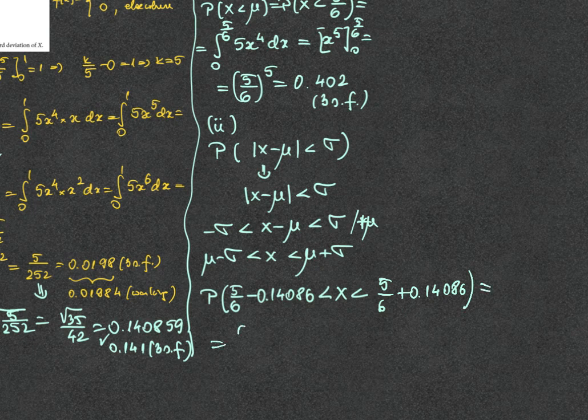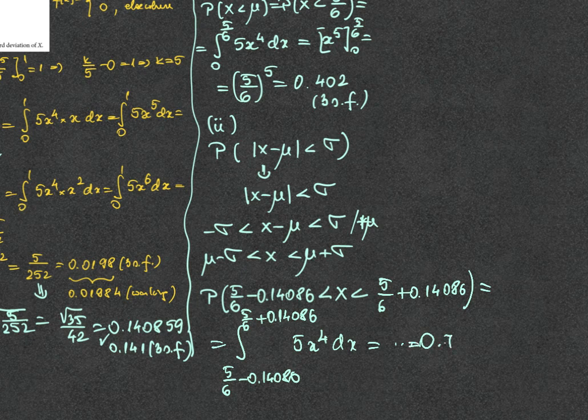Now we have mu here and we have sigma here. So it's going to be the integral from the first one, whatever it gives me as a decimal, to the second one, whatever it gives me as a decimal, of 5x^4 dx. So after I calculate it, I get 0.718 to 3 significant figures.